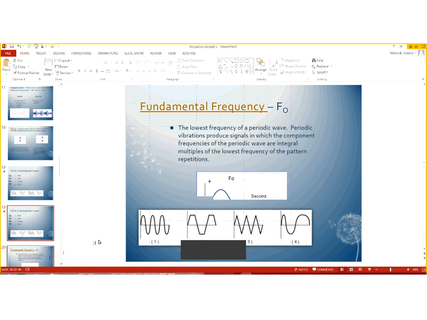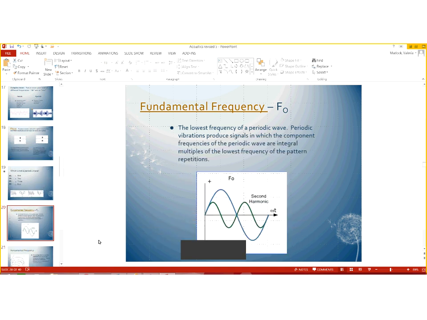Okay, now, this is where harmony comes in. It is possible for a vibrating body to produce an additional frequency that is a multiple of the originating frequency. So, the lowest frequency of a periodic wave is called the fundamental frequency.